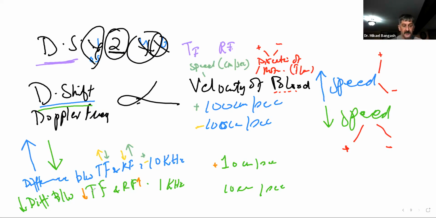Depending upon which is lowest and which is greatest of the two frequencies, it will see it is positive. Positive, we know, means moving towards the transducer.